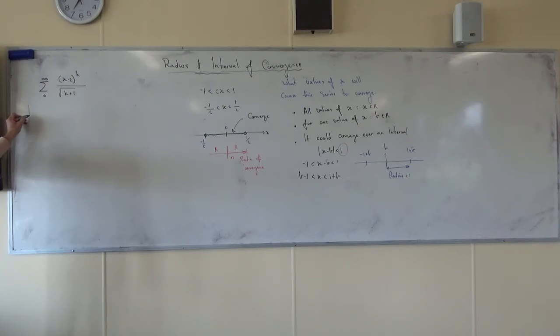There's the limit as k approaches infinity of the absolute value of u sub k plus 1 divided by u sub k.